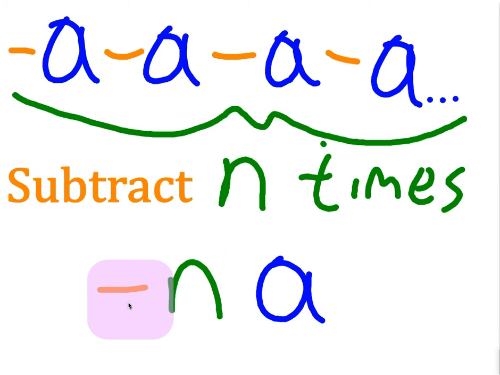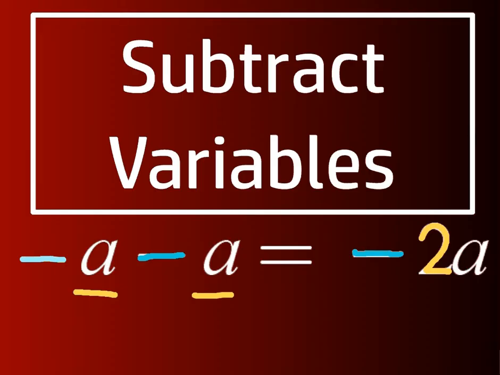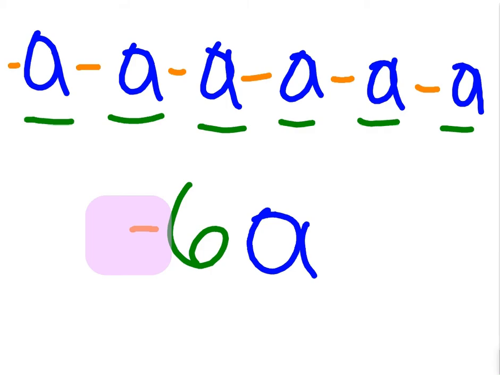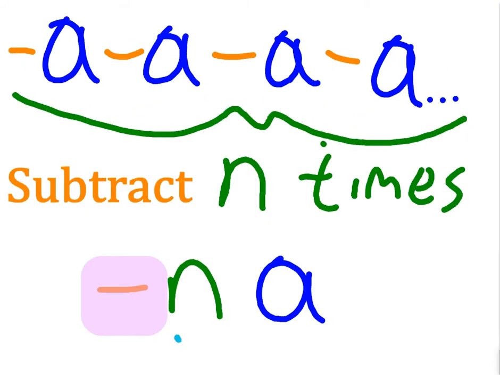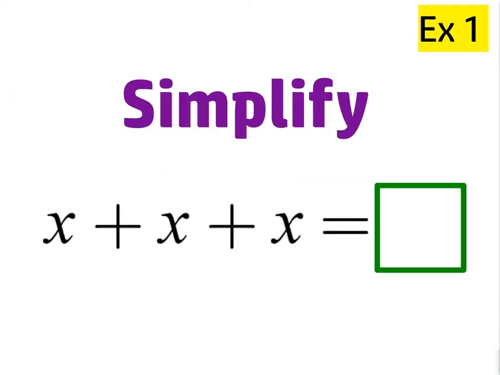And then finally, the negative goes out front. So it's real simple. Let's go ahead and take a look at some examples. Again, the name of this lesson is Subtracting Variable Numbers. And here's just a simple one. Minus a twice gives you negative 2a. Again, the number of times you subtract it goes here, the negative goes out front, and the number you're subtracting goes here. So negative na.